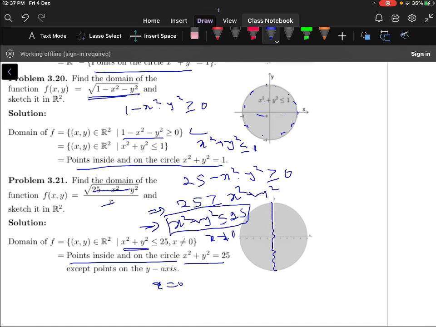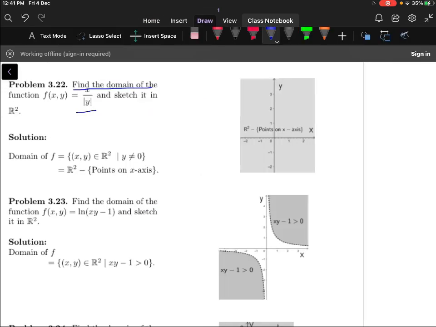So this is the domain of the function f(x, y) = √(25 − x² − y²)/x. Take all the points of the circle x² + y² = 25 except the y-axis.